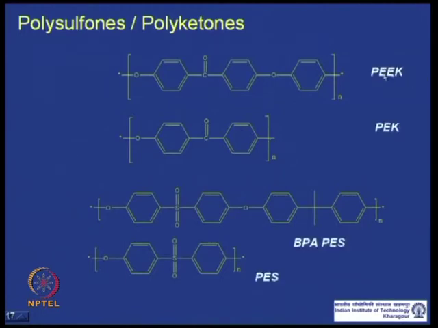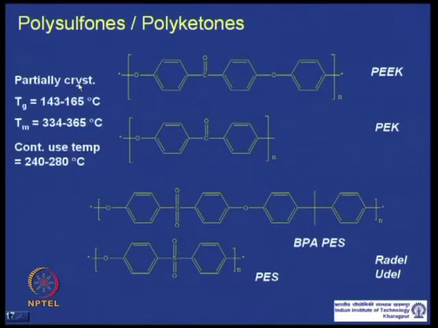So, this is polyether ketone, this is polyether ketone, this is bisphenol A polyether sulfone, and this is simply called polyether sulfone, and these are the trade names of these polymers. Under these trade names they are sold as Radel and Udel.